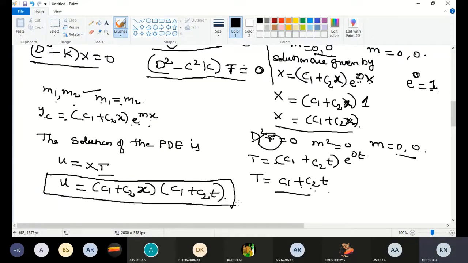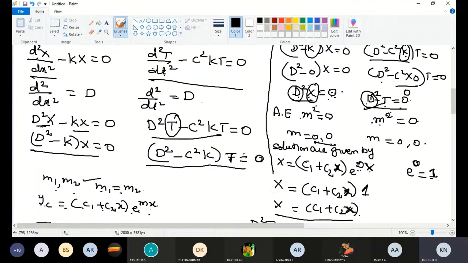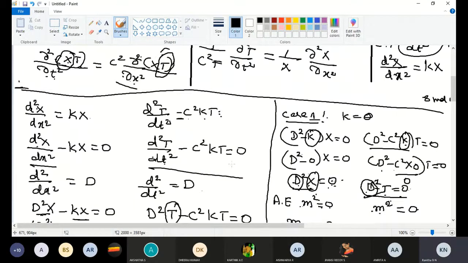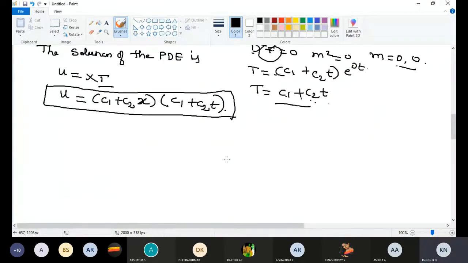In case 1, if you put k is equal to 0, we got this type of solution: u is equal to (c1 plus c2 x) times (c1 plus c2 t).